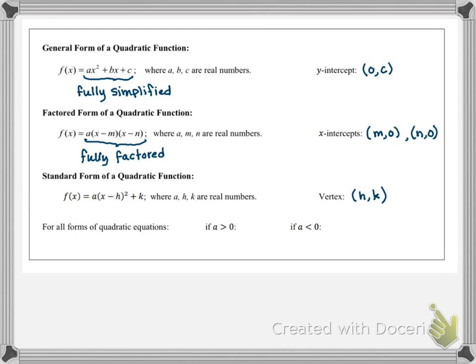So if that stretch factor is positive, it opens up, right? So like so. And that tells us that our vertex is a minimum.